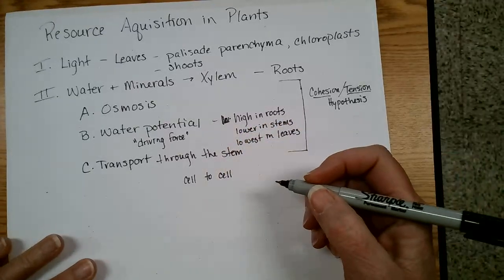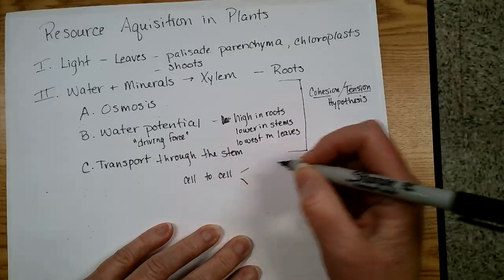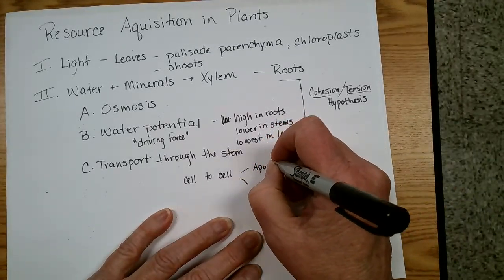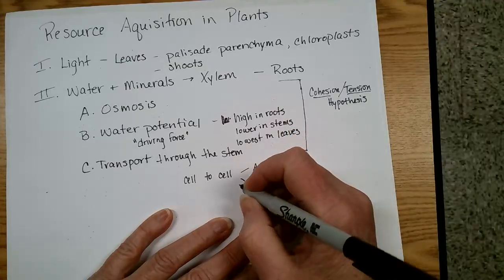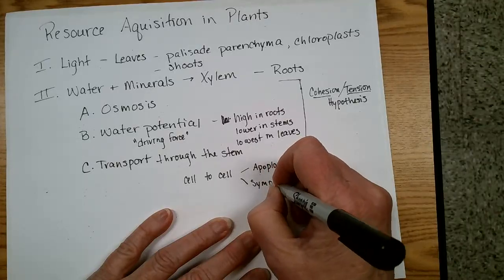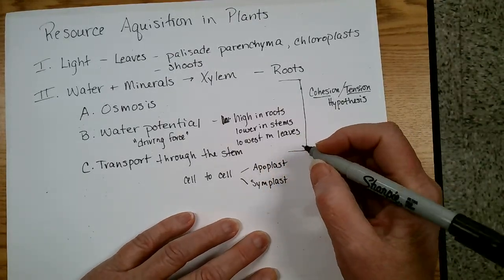transport in the stem. And there's two types of cell to cell transport. There's what we call apoplast and symplast. Apoplast, we'll start on that.